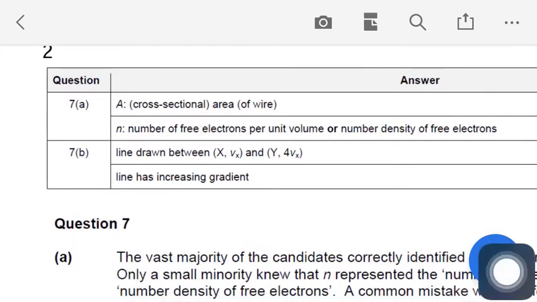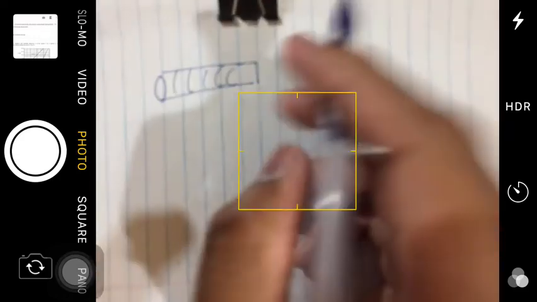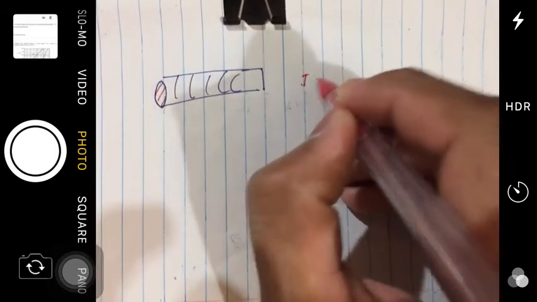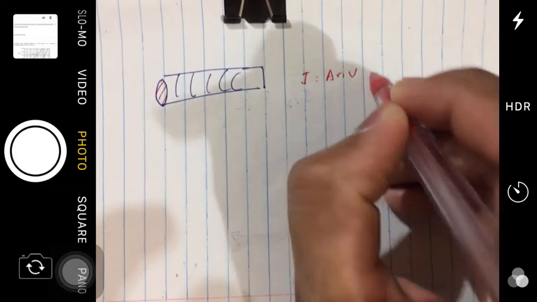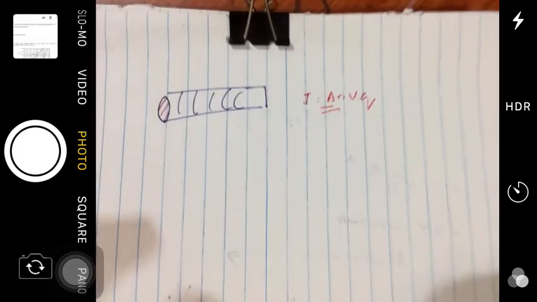If there is a conductor, as I told you in the lesson, then this is also area, right? The surface area, while this is the cross-sectional area. So the area in that equation, I is equal to A N V Q, is the cross-sectional area.